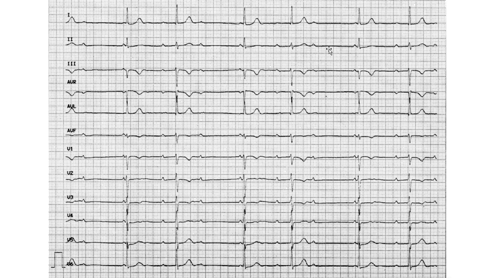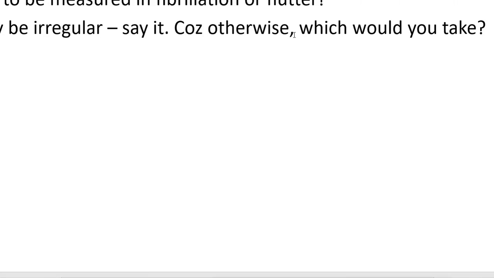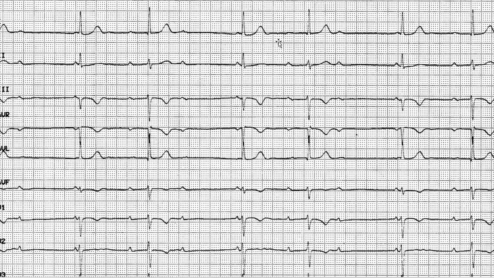P wave here, and a QRS complex is actually missing here. This is called an AV block, second degree AV block. Okay. So just a heads up for that. Don't tell me it's fibrillation or something like that, because really there's no evidence for fibrillation. Yes, it is irregular, but there's a discernible P wave, QRS, T, and then silence, then P, QRS.